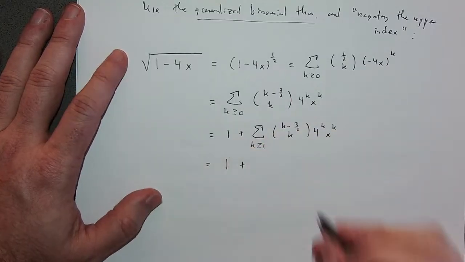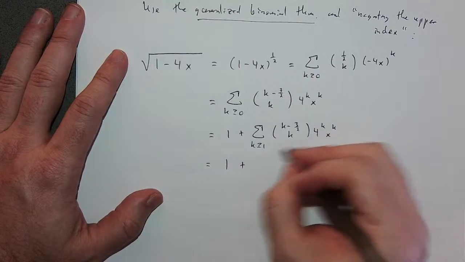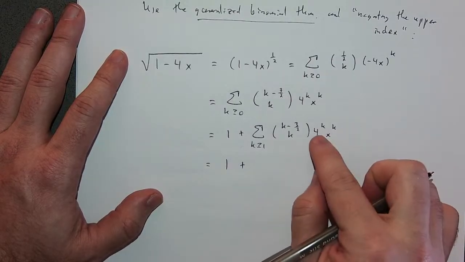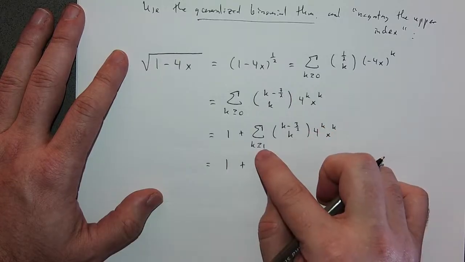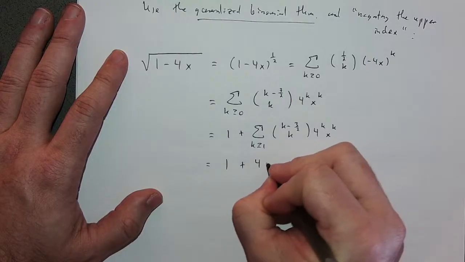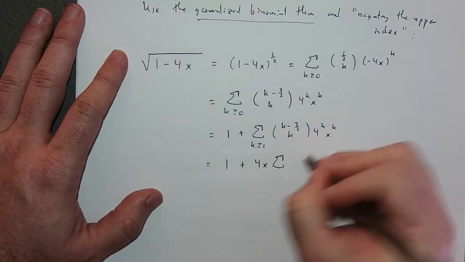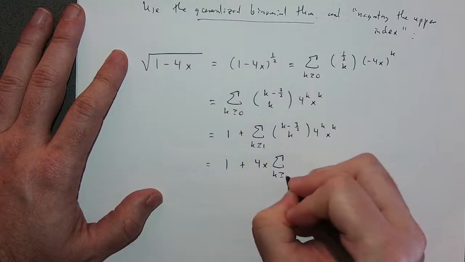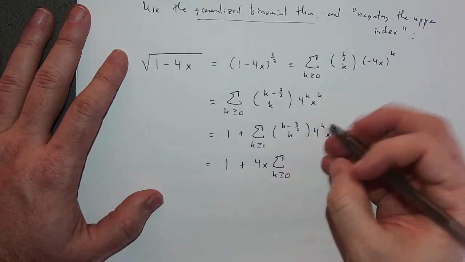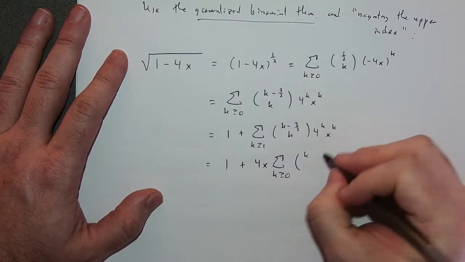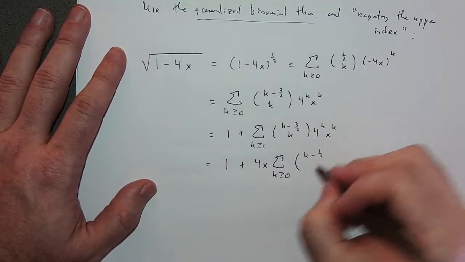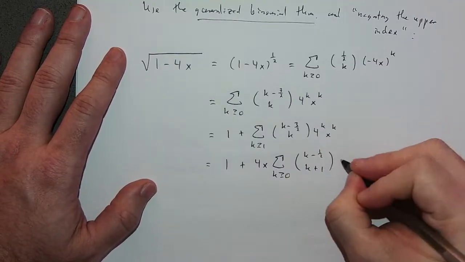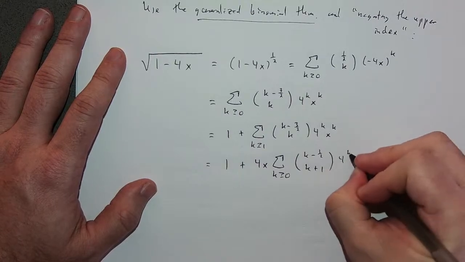This is 1 plus, I'm going to move a copy of 4 out as well when I do this reindexing, so I'm moving 4 and x out, which would replace these with 4 to the k minus 1 and x to the k minus 1, but I'm reindexing starting at 0, so this would be 4x times the sum k greater than or equal to 0 of (k minus 1/2 choose k plus 1) 4 to the k x to the k.